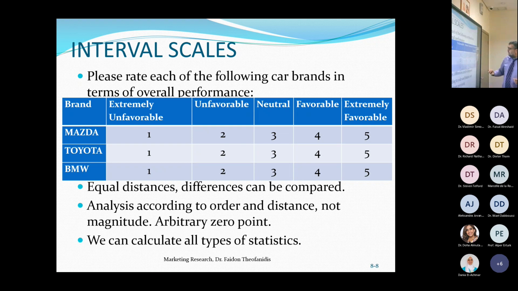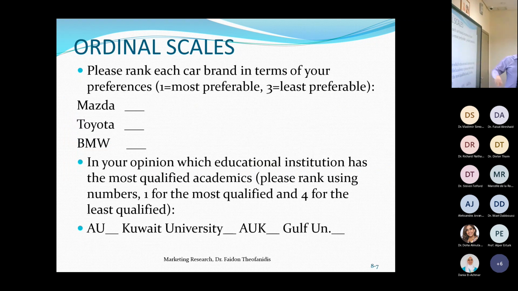In the previous scale, if you remember, let's go back here. BMW was first, then Mazda, and then Toyota, based on the example. But I don't know how much more BMW is preferred to Mazda, and how much more Mazda is preferred to Toyota. In other words, I don't know the difference in the evaluation of the consumer, and this means that I'm losing information.